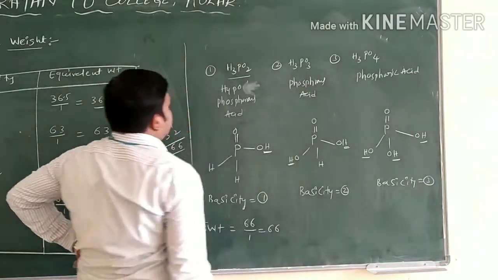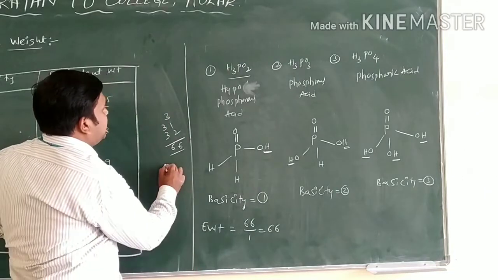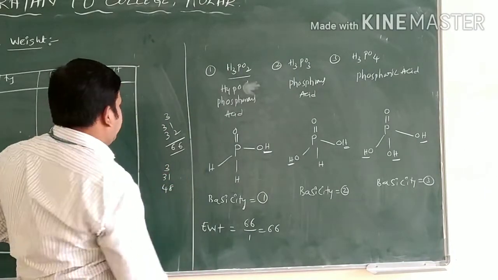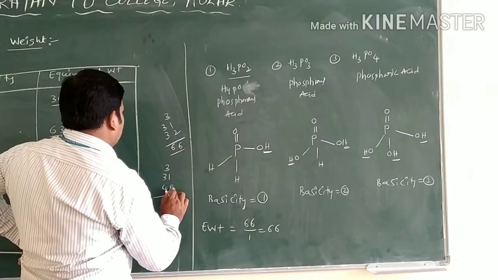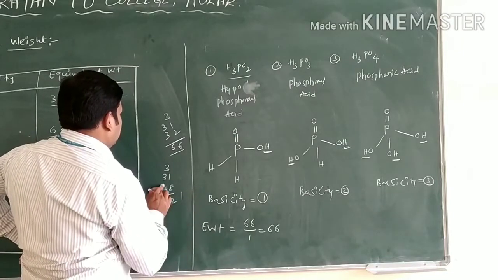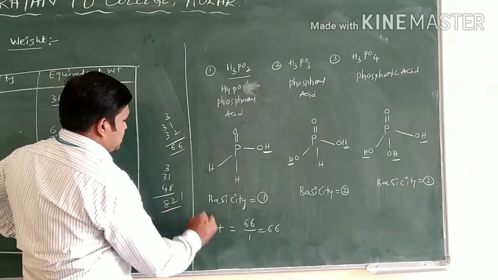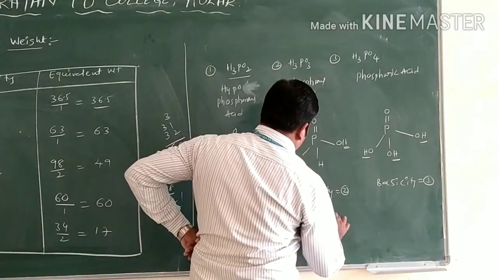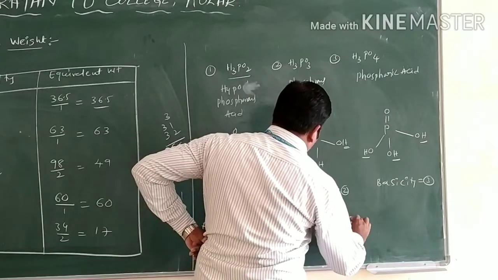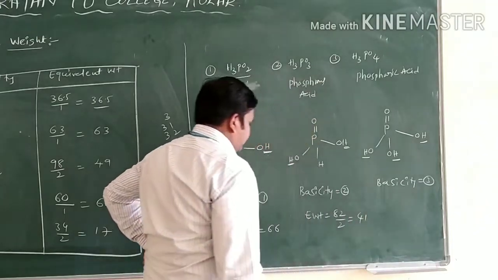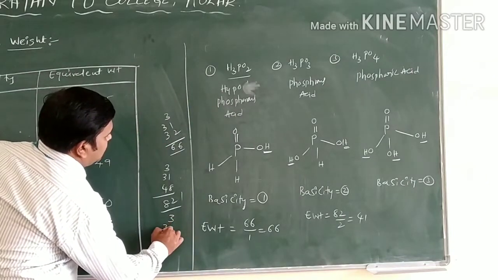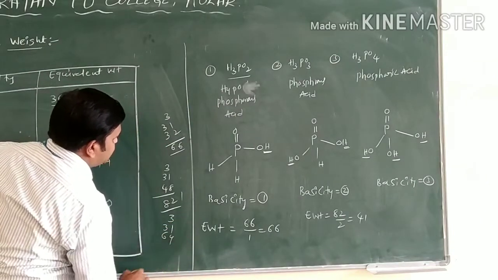Now come to this H3PO3 molecular weight. This is 3 and this is 31 and this is 48 we have. This is 82. Equivalent weight is equal to 82 by 2, that is equal to 41 only. Come to this H3PO4. This is 3 and 31 and we have 64.